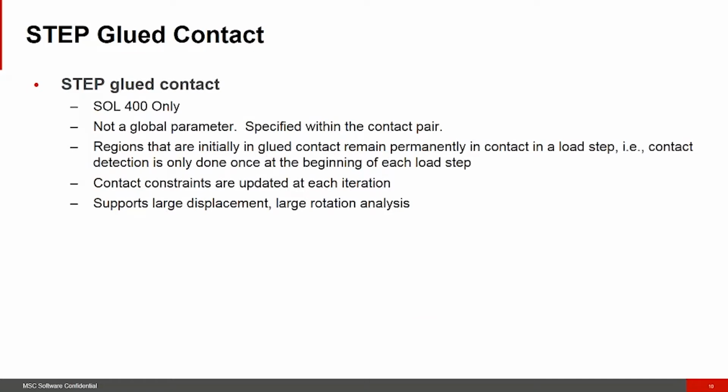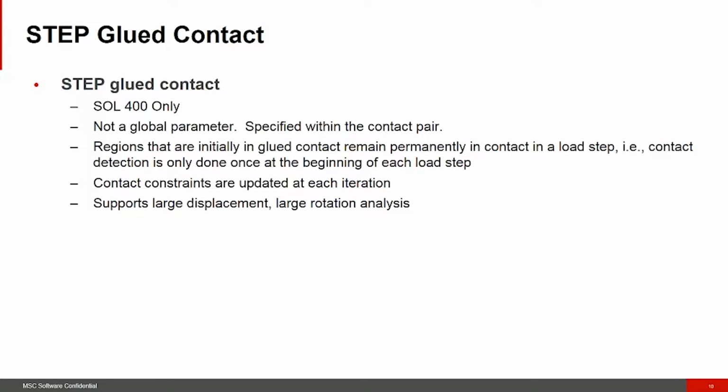However, if they're not in contact initially, in the very initial step before any load is applied, they may come into contact and stay glued, or they may separate. And imagine this is like a type of glue, but for large displacement and large rotation analysis. And this is only used in solution 400.